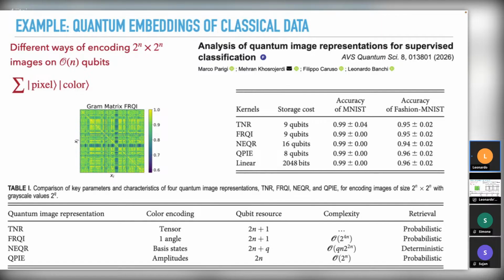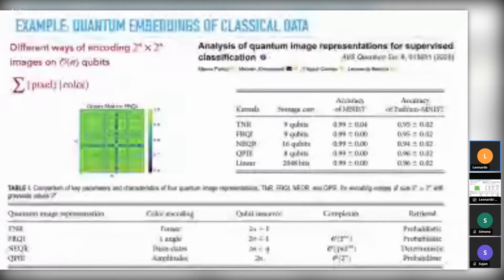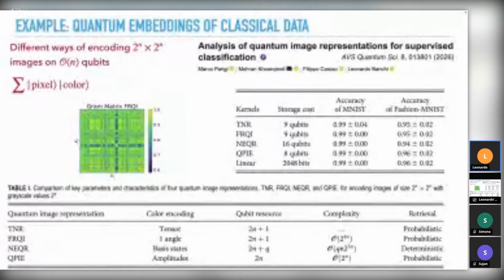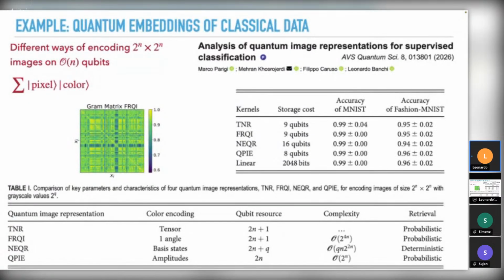We tried different representations like tensor networks or others, and we found that irrespective of the information that we have lost, irrespective that we cannot retrieve the image, we can still retrieve the class of the label. And we tried, for instance, images from MNIST, Fashion-MNIST, and so forth. And then we also studied the complexity of different resources. But again, I won't go over that here.